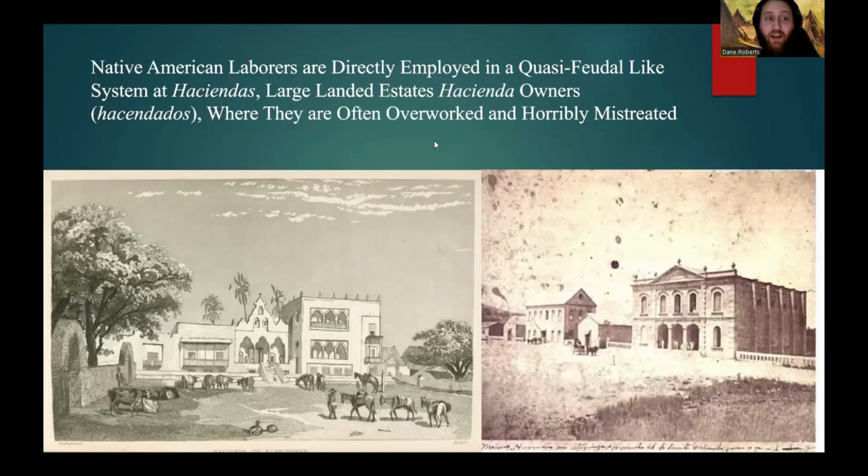And on top of this, Native American laborers were directly employed in a quasi-feudal-like system at haciendas, large landed estates, by hacienda owners, where they were often overworked and horribly mistreated.